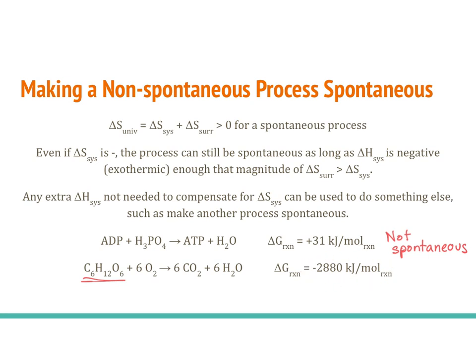That process is spontaneous, and it gives off a lot of extra energy that it doesn't need, that can go out to the surroundings, and it isn't needed to make the surroundings higher entropy. So if we pair these two reactions together, this extra energy can be used to force this reaction to actually happen, to be spontaneous.